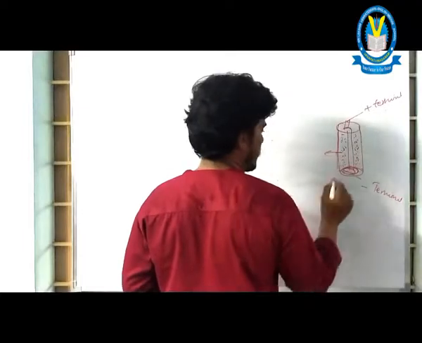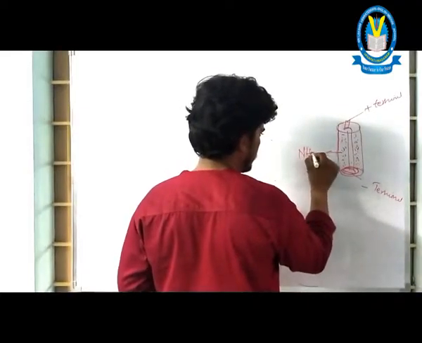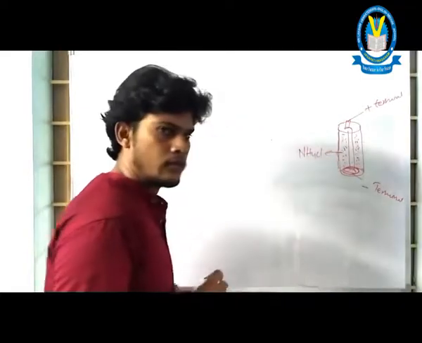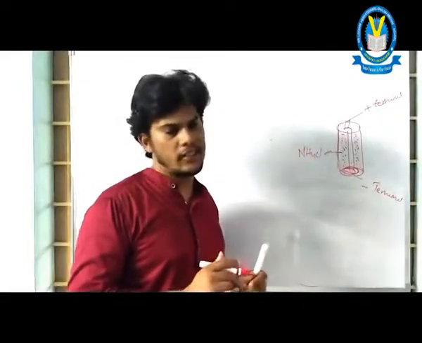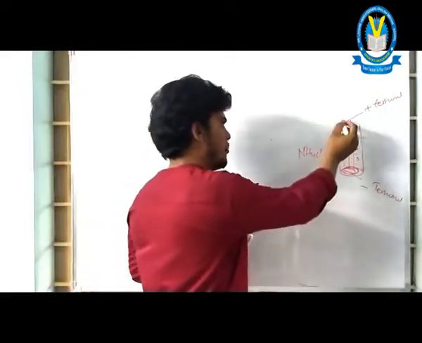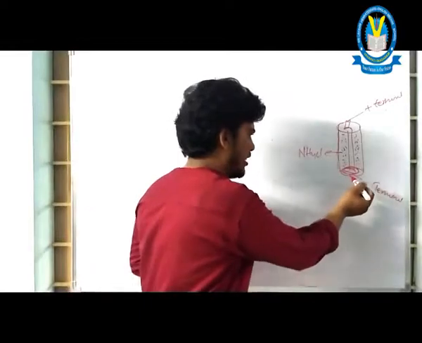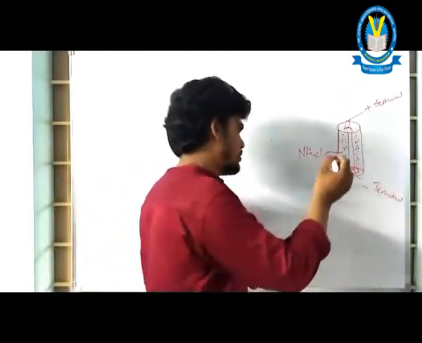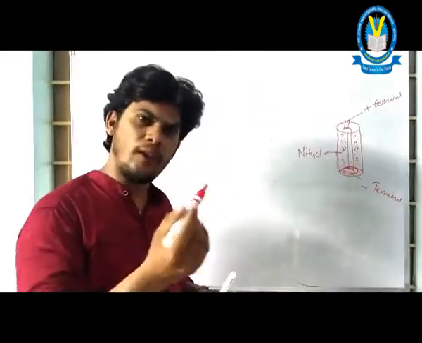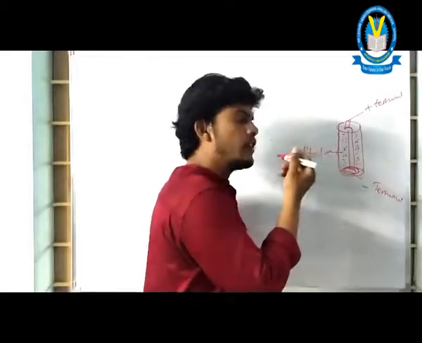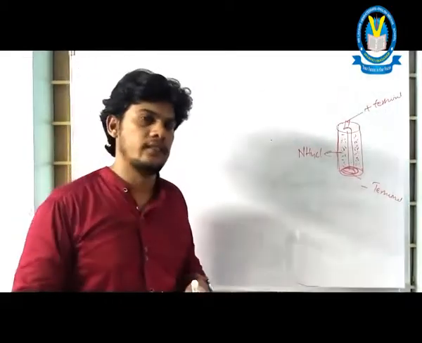This might be ammonium chloride. This is the basic structure of the battery. So this is a positive terminal, it is a negative terminal. Inside the battery, around the carbon rod, there is a chemical paste like ammonium chloride.